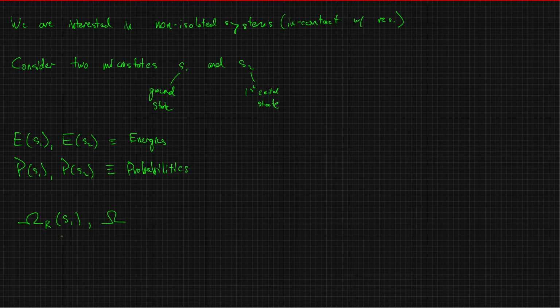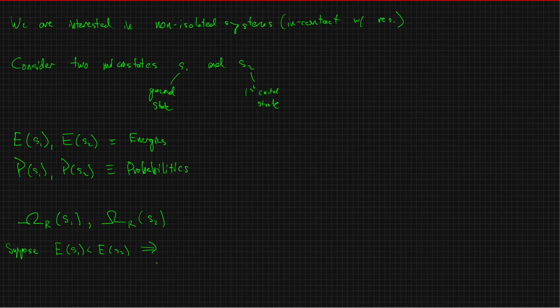Okay, that's what that'll refer to. And likewise, we'll define the multiplicity of the reservoir for the first excited state, so for S2, and denote it like that. Now let's suppose that the energy of S1 is less than the energy of S2, which it is for the case of hydrogen.